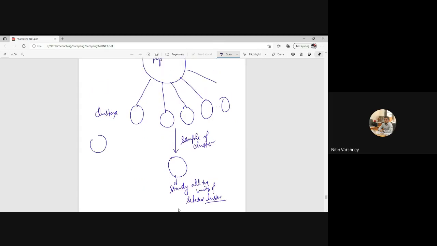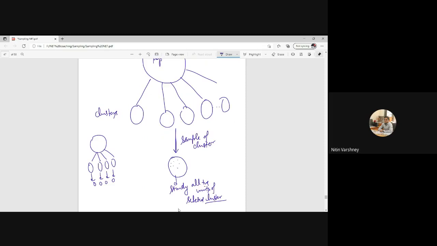In stratified, we made the strata and took a sample from each and every stratum. But here we are making clusters, and after clustering we are taking a sample of clusters. I am not taking a sample of units, I am taking a sample of clusters.